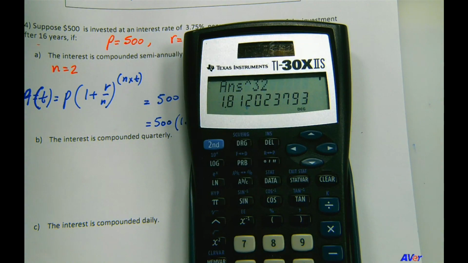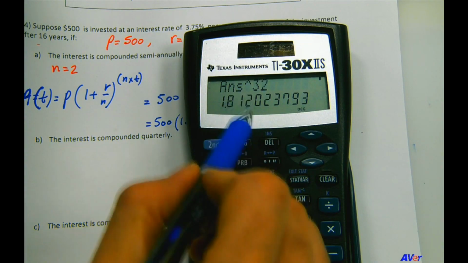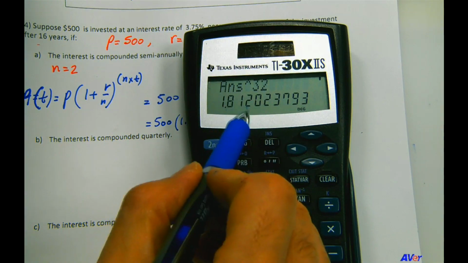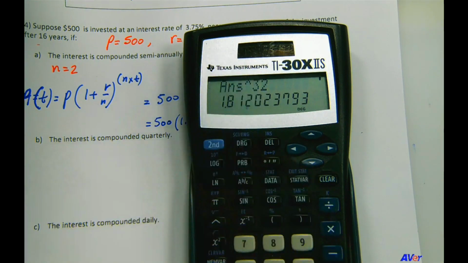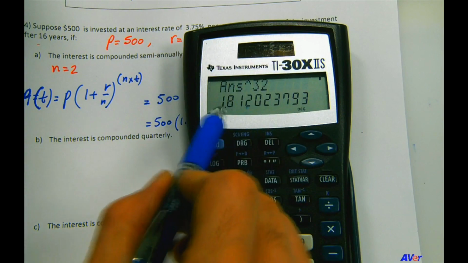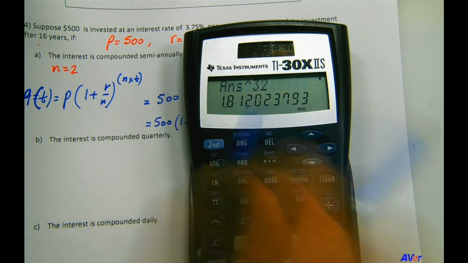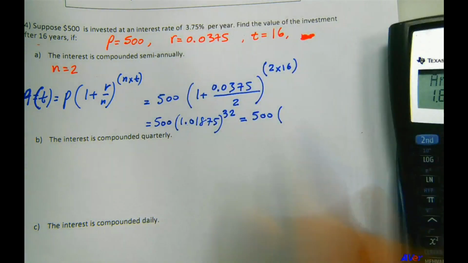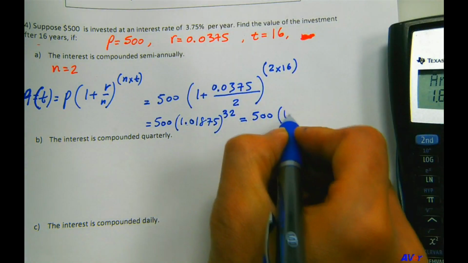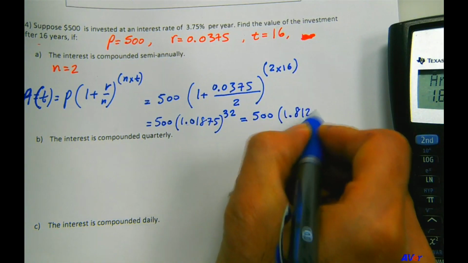So in the middle of your calculations, keep at least 4 decimal places. In this one, I'm going to actually keep 5 decimal places. So I'm going to keep 1.81202. Okay? So 500 times 1.81202.